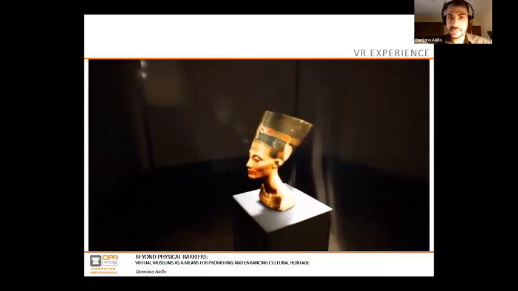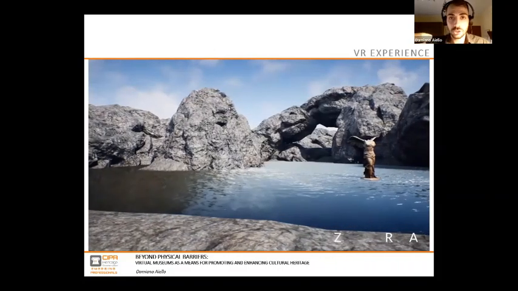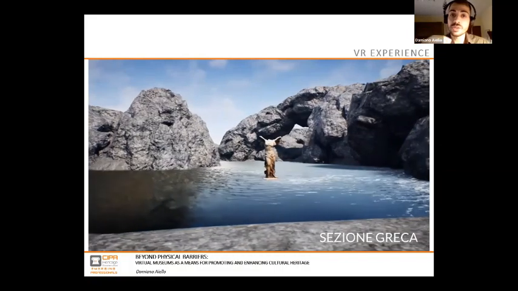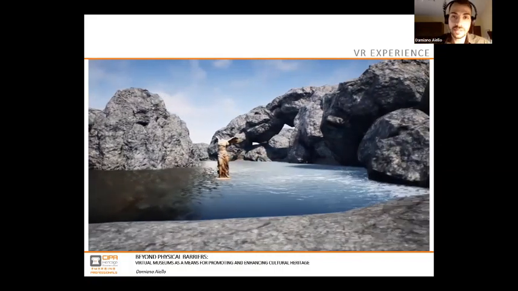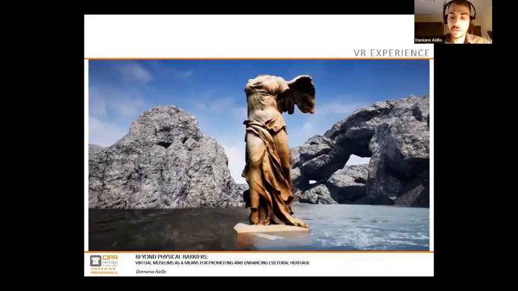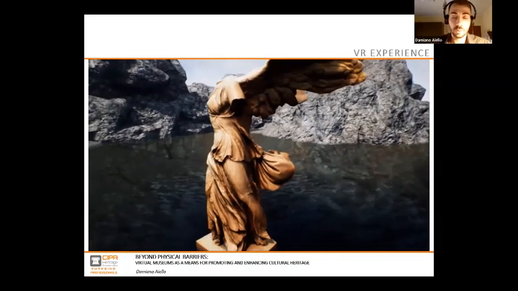One of the strengths of this virtual museum is the theme of the contextualization of the work of art. The basic idea is that an artwork is not only characterized by an intrinsic artistic value, but also by a geographical context and a historical period in which the artwork was born.